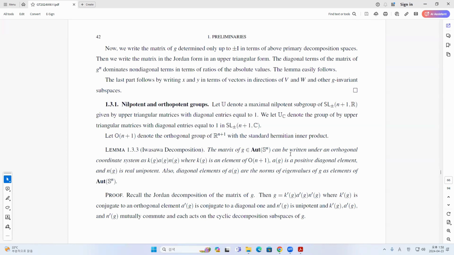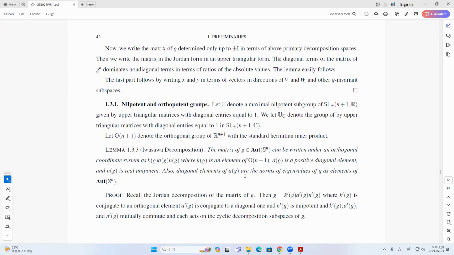Orthogonal means that R^{n+1} is written in some orthogonal coordinates. And A_G is a positive diagonal element, N_G is a near unipotent matrix, and the diagonal ones are norms of the eigenvalues of G as an element of O(n).